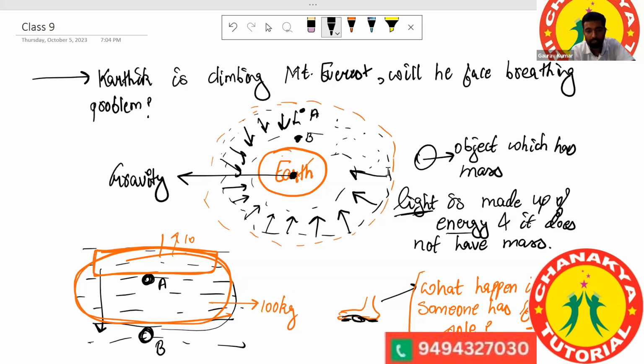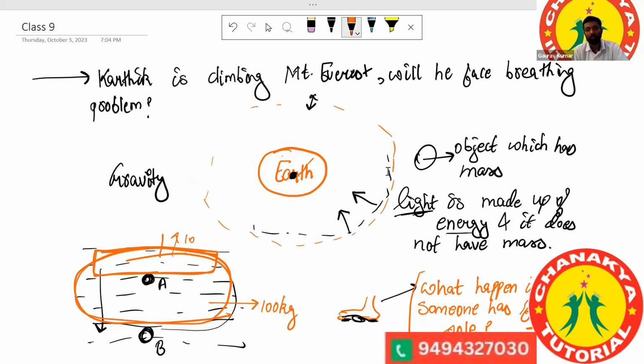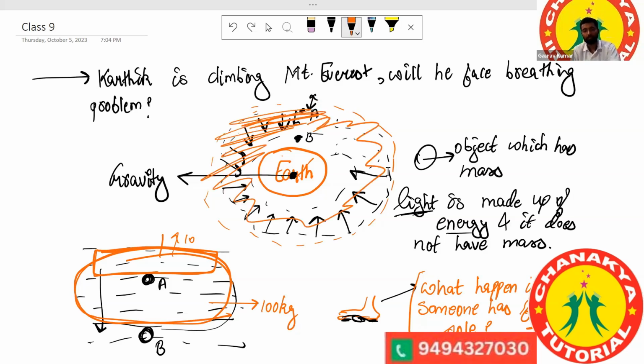But in the case of A, there are very few particles present, while in the case of B, this many particles are present which will apply pressure on B. If we talk about air right now on the surface, we are easily able to breathe. How? Because there is high pressure. Due to high pressure, the oxygen is confined to the surface.